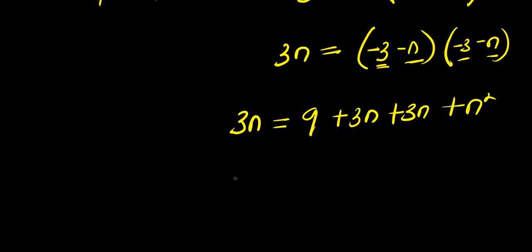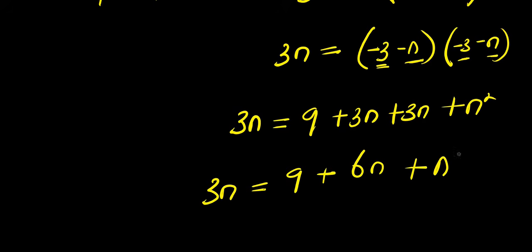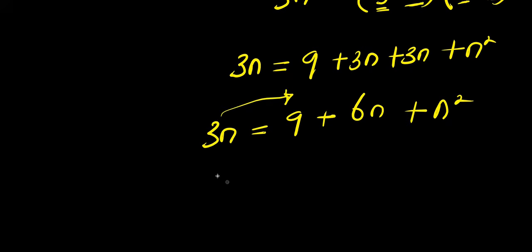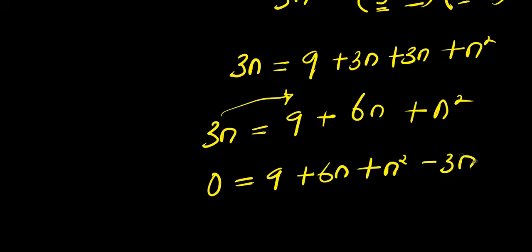So from here, we have 3n equals 9 plus, this is 6n plus n squared. And move this over here. I simply have 0 equals 9 plus 6n plus n squared minus 3n.